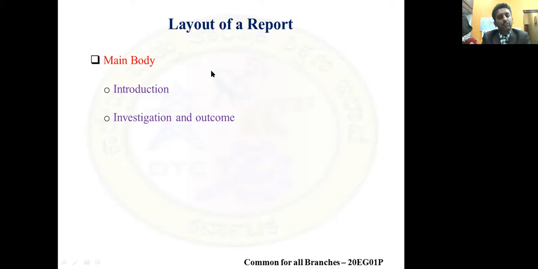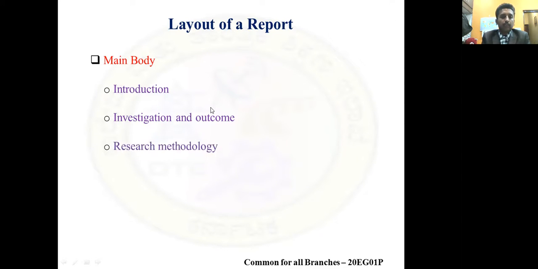So it is done right in the beginning. Major sources of information such as files, personal observation, interviews, letters, questionnaires, library are all used to investigate the information and to get the outcome.